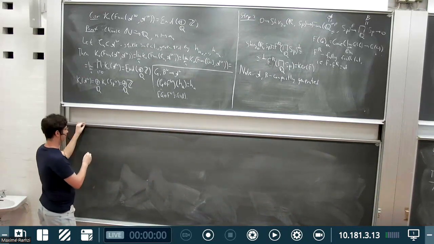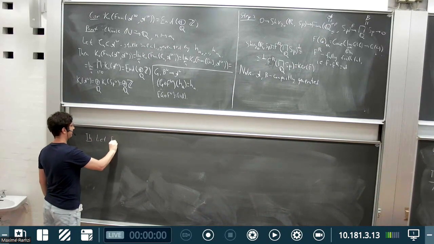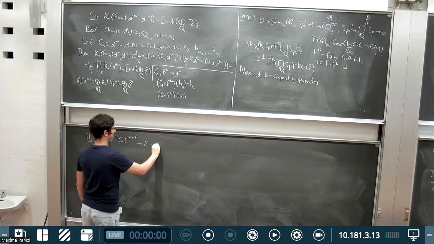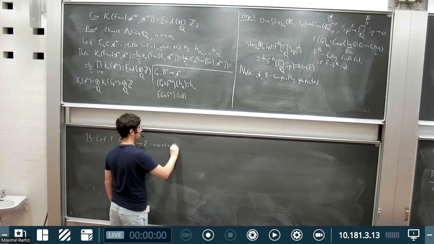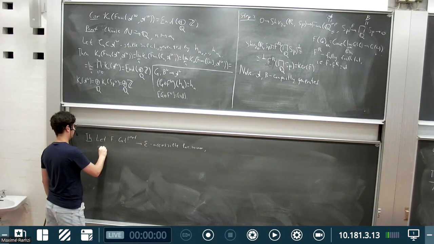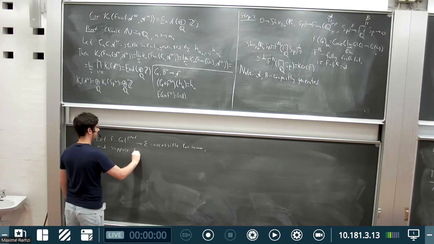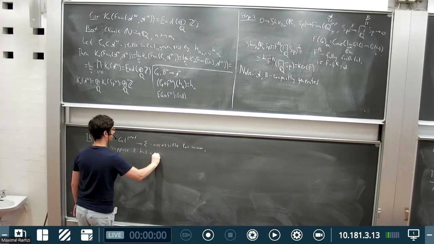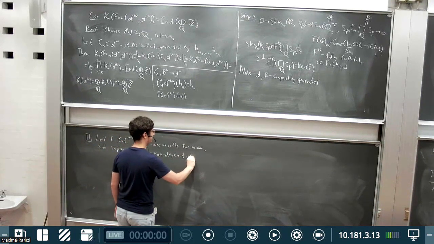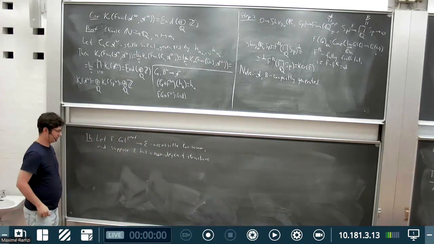So you can deduce this result: let f from the category to E be an accessible localizing invariant, and suppose E has a non-degenerate t-structure. Non-degenerate means that if the homotopy groups of an object all vanish, then the object is zero.